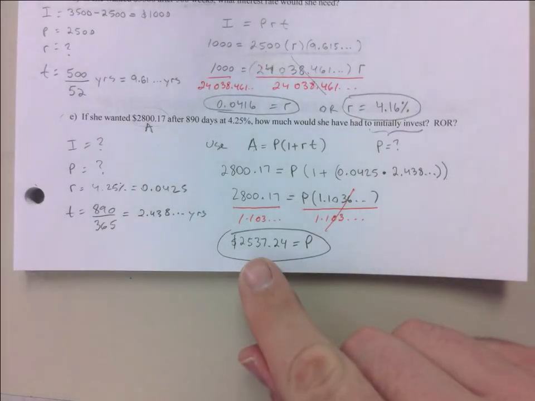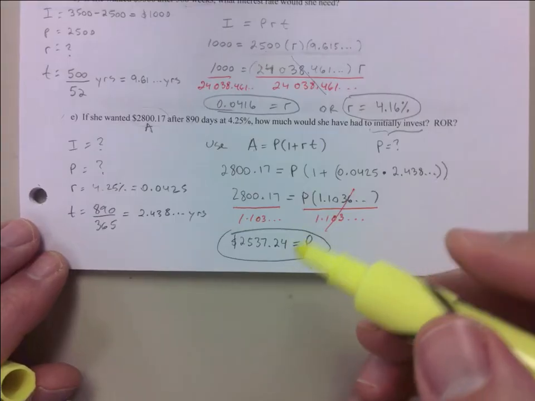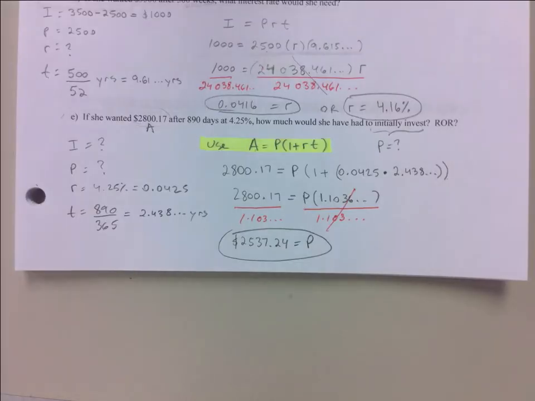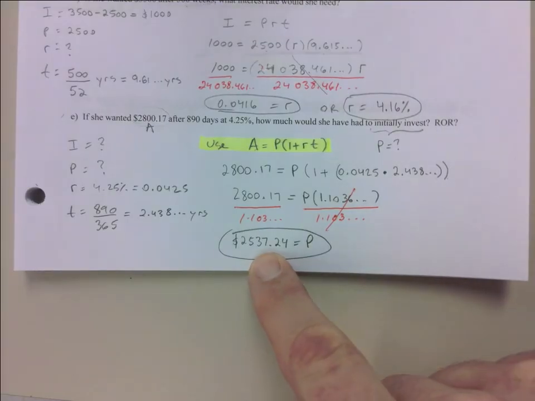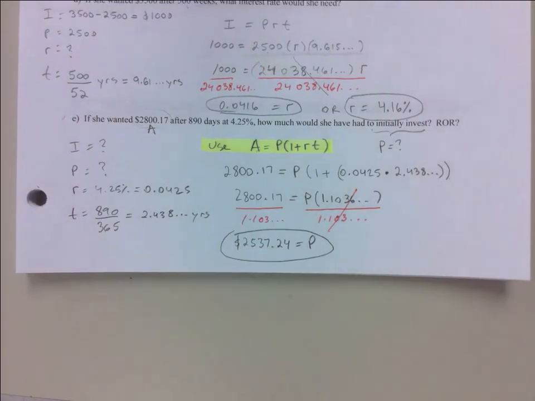So we need to invest that much money in this scenario. And I will just highlight the fact that in this case we had no choice but to use that formula. And just make sure you read the question and ask yourself, what do I know? What am I solving for? Does it make sense to start with a lower amount? Absolutely, because if your money grows, it'll grow up to that future amount, which is greater.